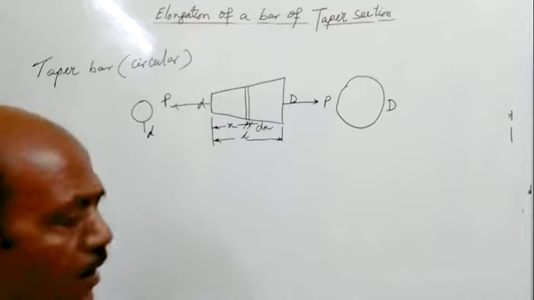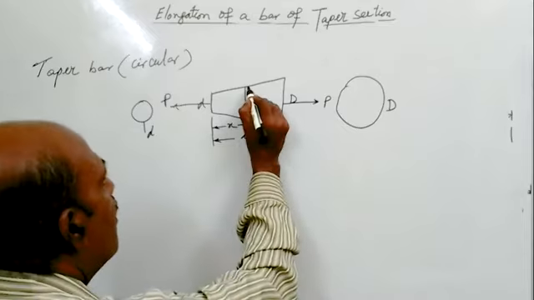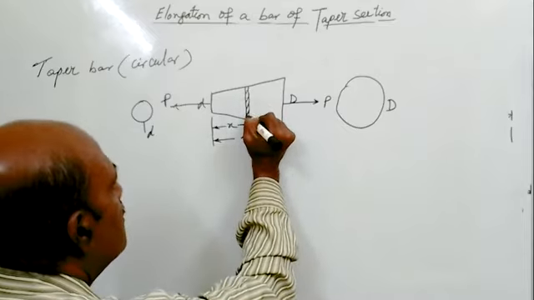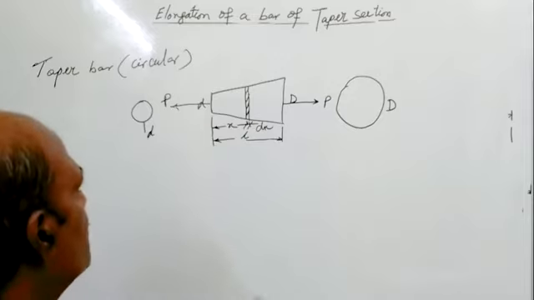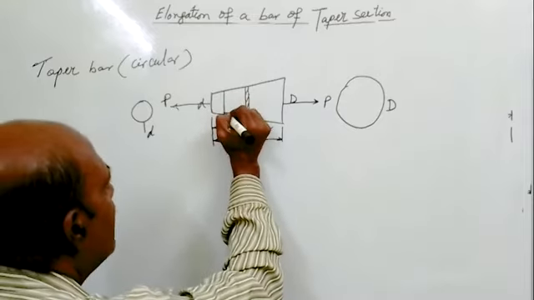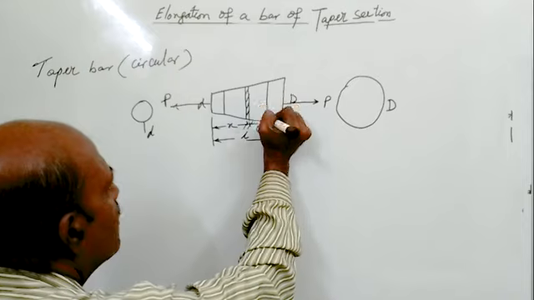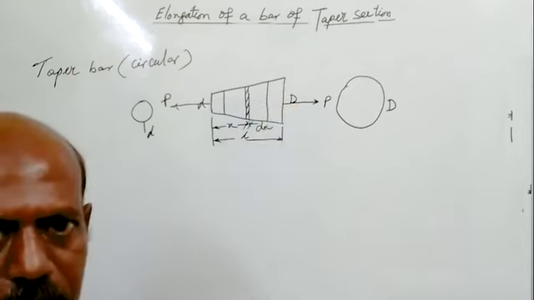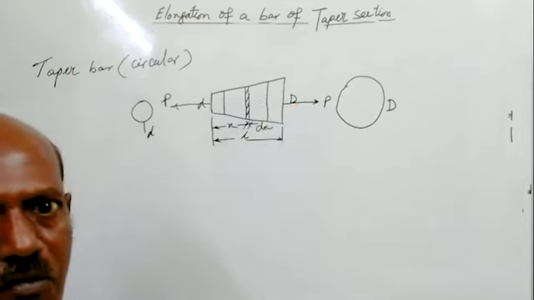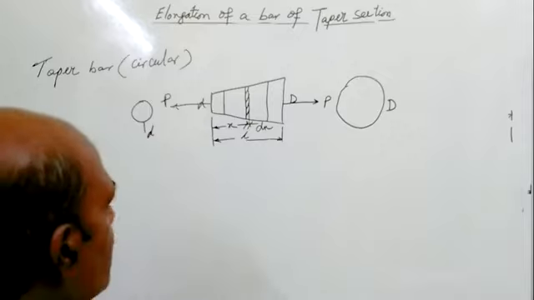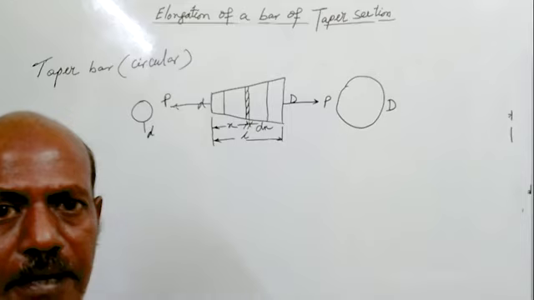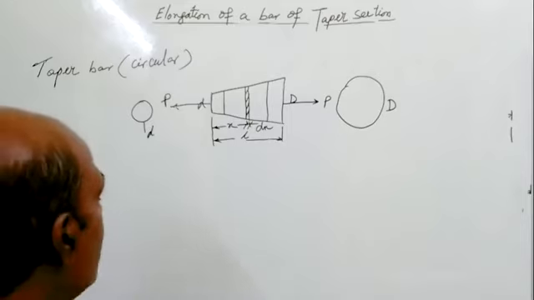So we have considered an element of dx thickness or dx length. If we consider another element here or here, the diameter of all the sections is different. Now in this condition we have to find the deformation produced in the bar.